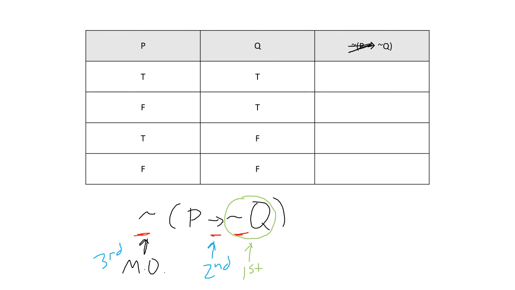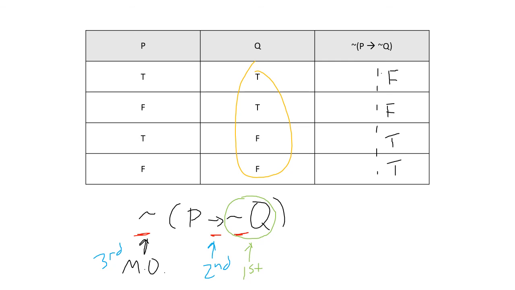So again, we're going to work from smallest to biggest and just go one at a time. So one at a time, tilde Q. So all we're going to do is take these values of Q and flip them around such that T's will turn into F's and F's will turn into T's. Actually, I'm going to drop down some lines here real quick. And that's all we need for the tilde.